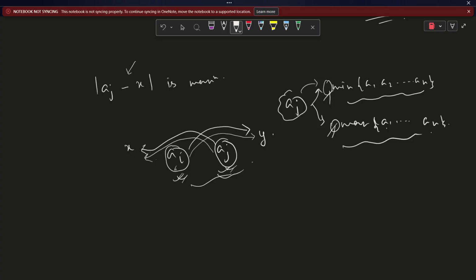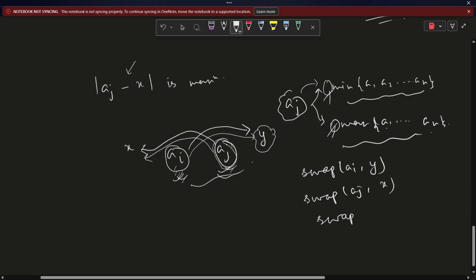If I am ever involving AI in a swap, I am going to swap it with Y. And if I am ever involving AJ in a swap, I am only going to use it with X. So I can do something like this: first swap AI with Y, then swap AJ with X, and then swap X and Y.